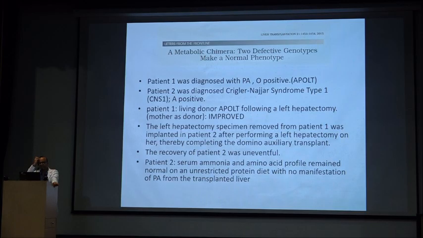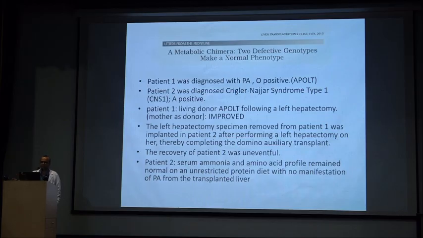Another interesting case I brought, though it's a case report, has a lot of science in it: a metabolic chimera, with a defective genotype making a normal phenotype. The first patient had PA, propionic acidemia, and the second patient had Crigler-Najjar syndrome. The first patient underwent APOLT and a left hepatectomy was done, with the mother as the donor.